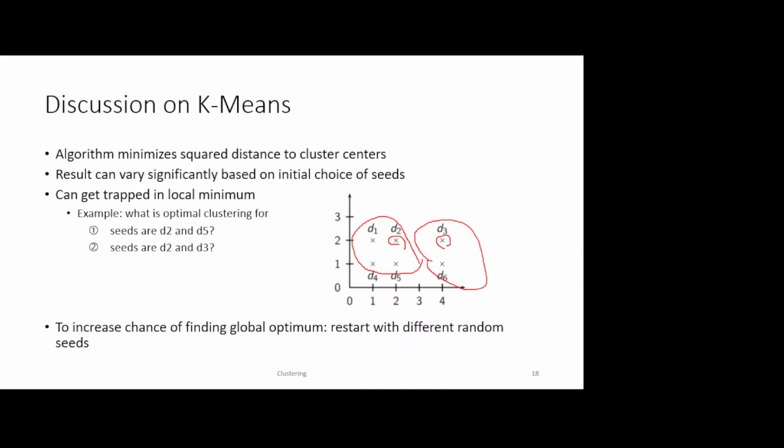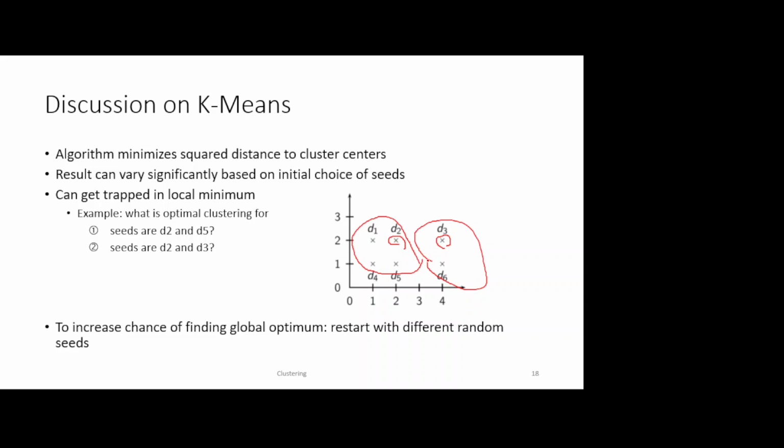So how to solve it? Just restart with different initializations. Maybe you restart 5 times and check which one gets the minimal loss, and you choose that one. Okay, so it's the first issue you have to know when you run k-means. For k-means you already have a library.